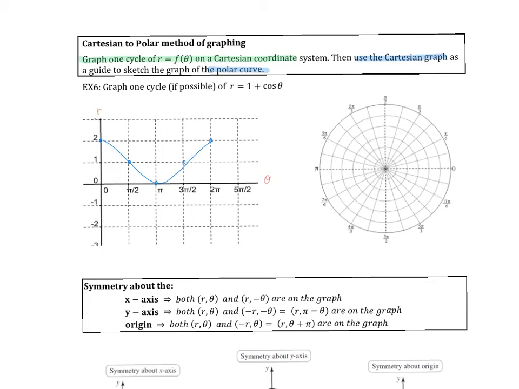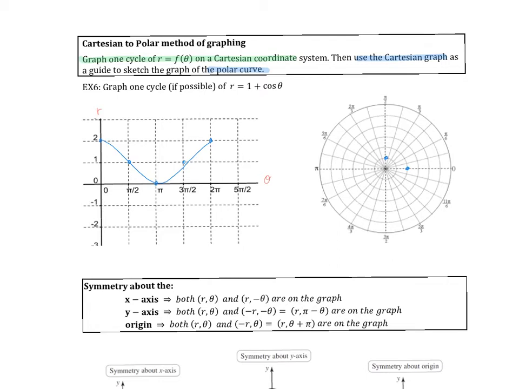So now I'm going to translate these points to the polar graph. I'm going to start out with the point r is 2, theta 0, and then at pi over 2, r is 1. So I'm thinking it curves around to connect those two, but I didn't figure out pi over 6, pi over 4, pi over 3, but I really don't have to.